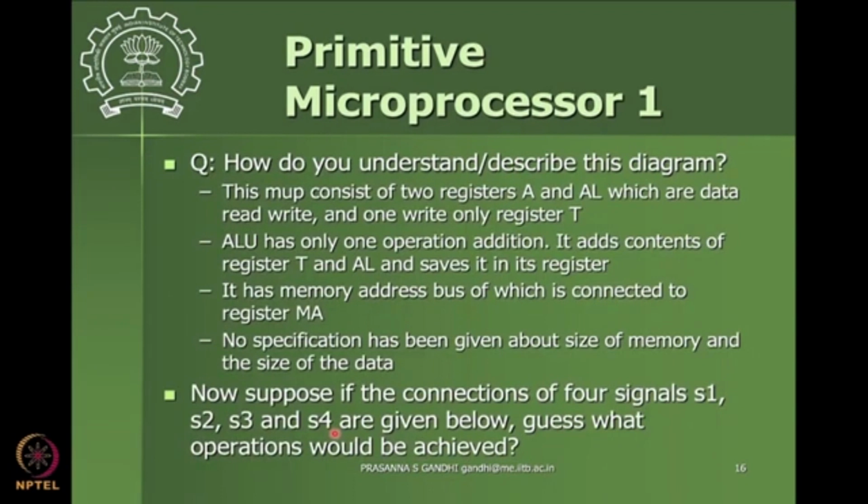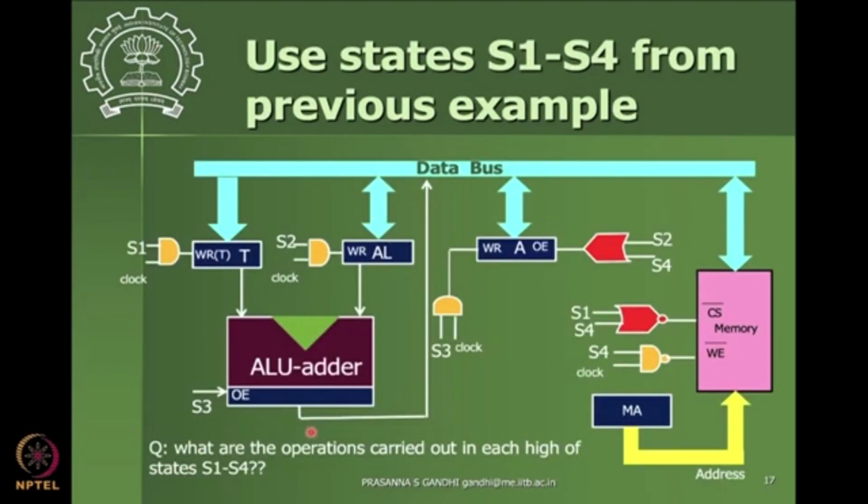So this is our understanding of this microprocessor, and suppose we now connect some signals S1, S2, S3, S4 in this fashion. Can you guess for such a diagram what operation will be happening? Read this carefully, how S1, S2, S3, S4 are connected, and they go high in the same sequence.